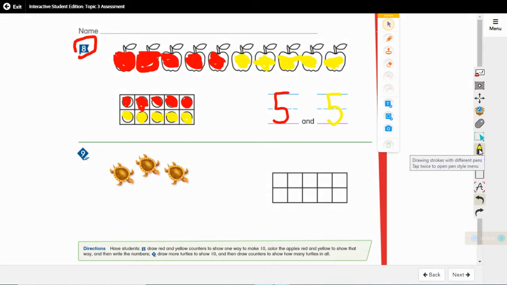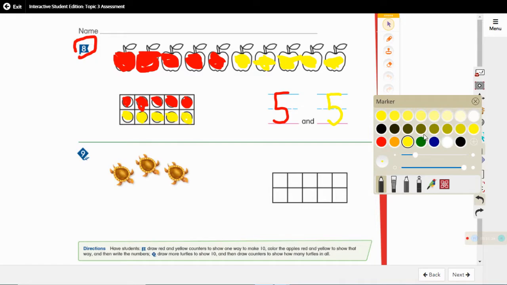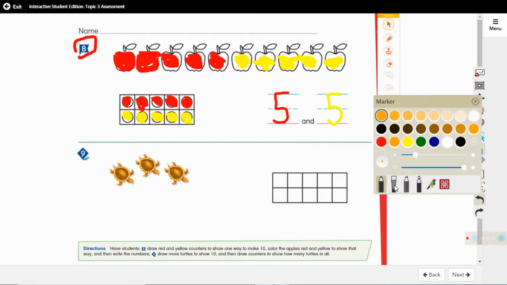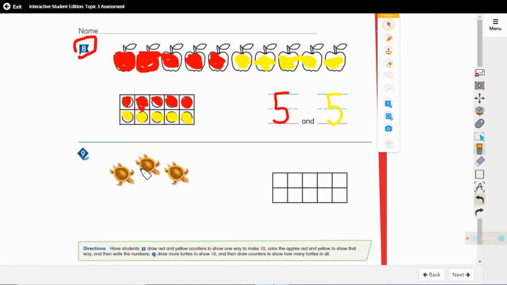Down here, for number 9, we need to draw more of these totals to show 10. So we have a few. How many do we have now? We have 1, 2, 3.